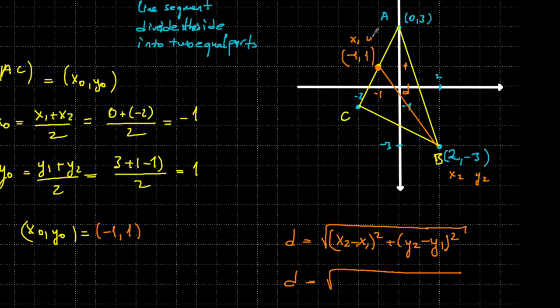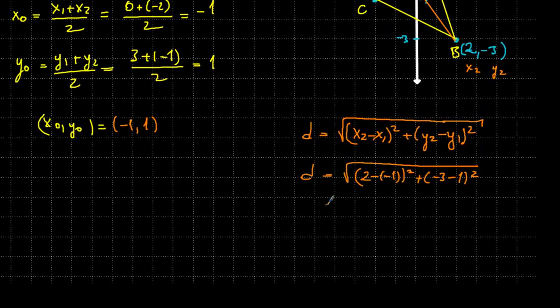So with respect to the second part, 2 minus minus 1, squared, plus minus 3 minus 1, squared.